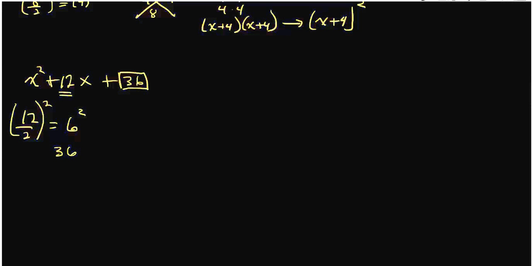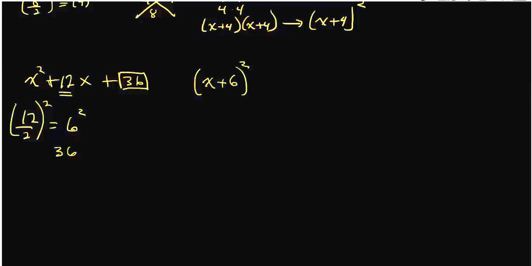And then again, if we follow the pattern, we can see that this should factor into x plus the square root of 36, which is 6, or half of the middle term, as you can see. This is the same as half of this to the second power. And if you multiply this out, you should get this.